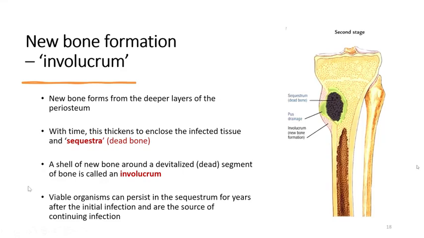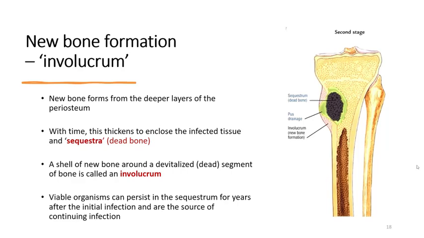In addition, there's another process happening, which is new bone formation surrounding this necrotic area. New bone forms from the deeper layers of the periosteum. You know from the bone healing lectures that normal bone starts to form from the periosteum. When there's a fracture, the same thing will happen.